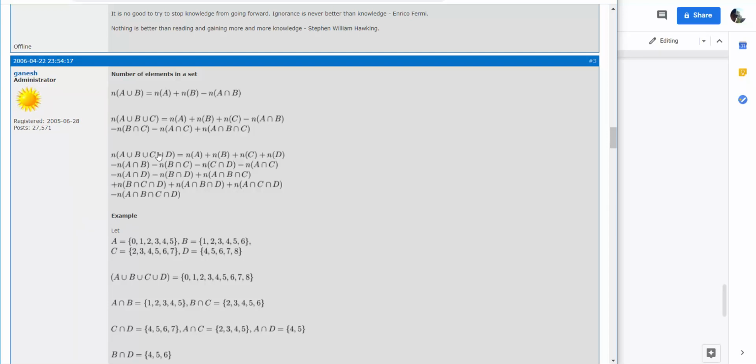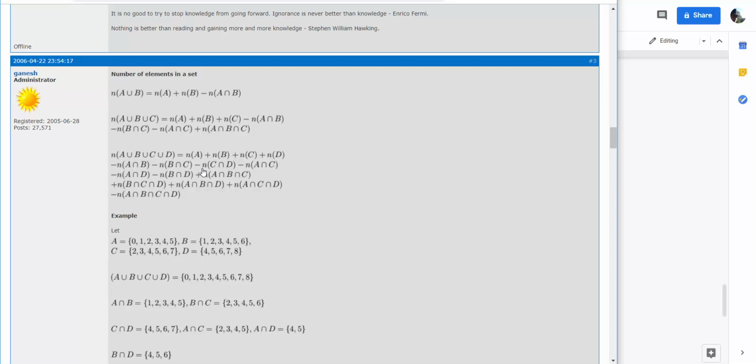I'm not really sure what the formula is about, because as you can see, he added the three-set intersections together, but then subtracted the intersection of the four sets, while in the previous example he added instead of subtracting.